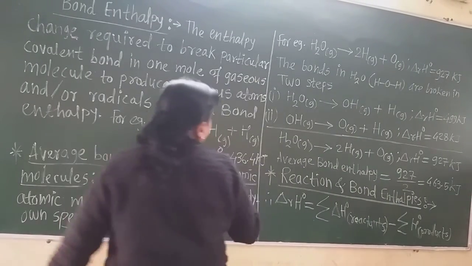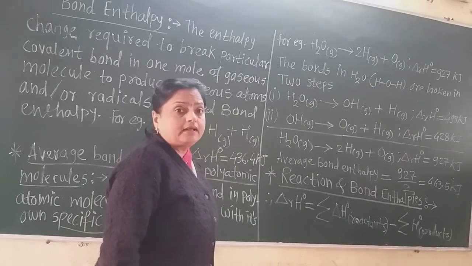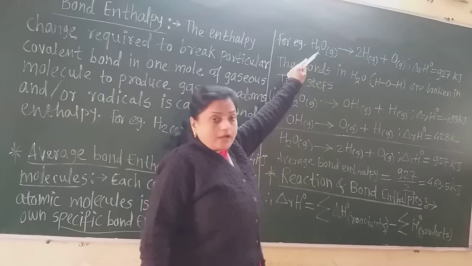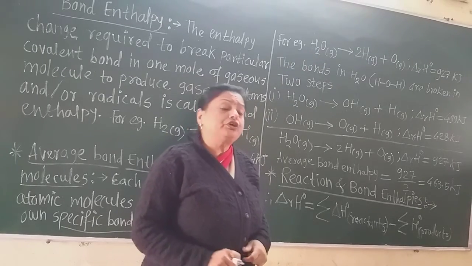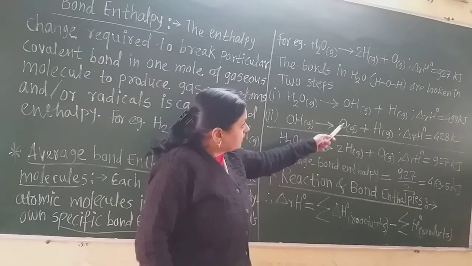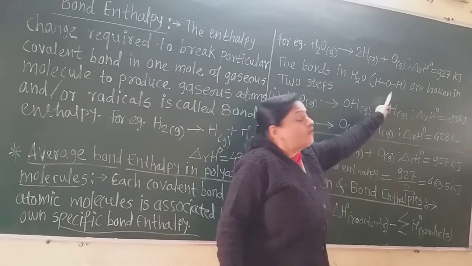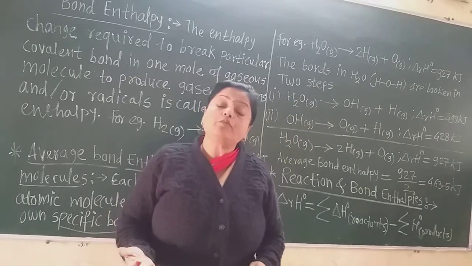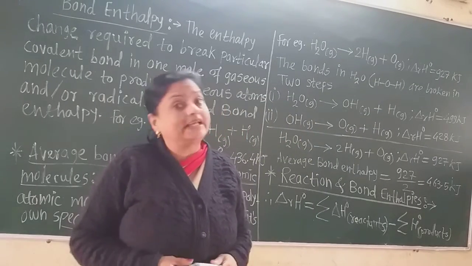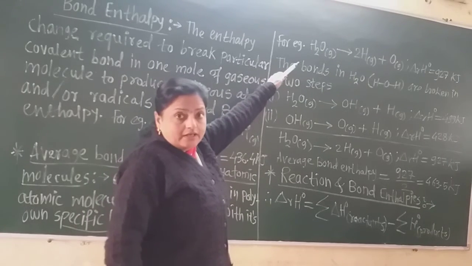Now see the example of the water molecule. H2O, we know, has two O-H bonds, H-O-H. Now how is the bond enthalpy calculated?